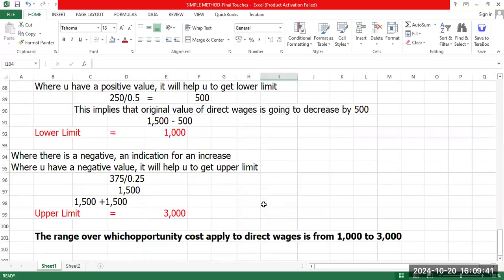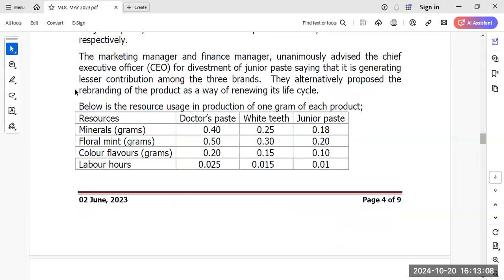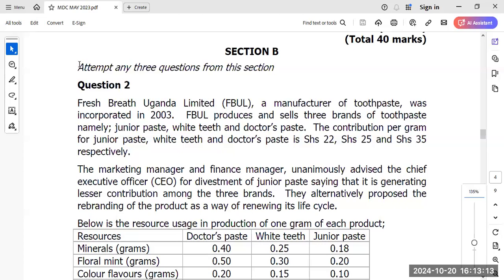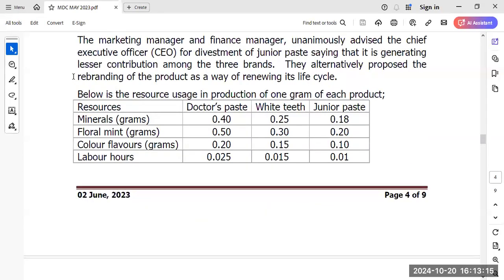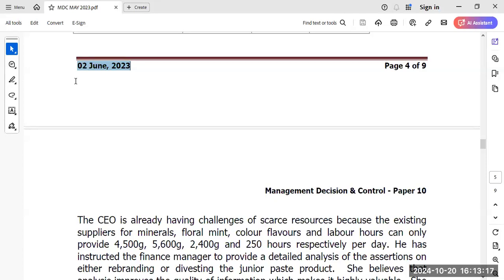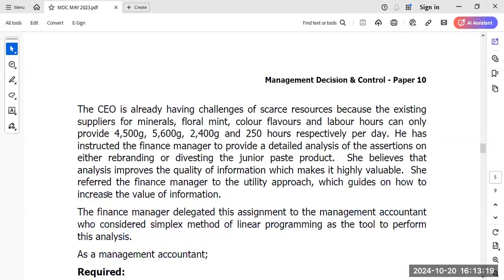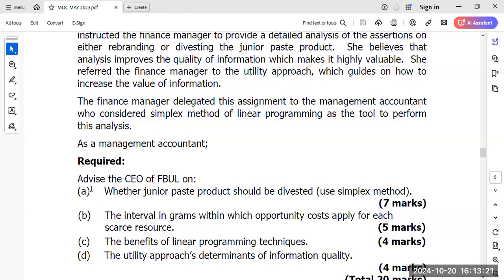So colleagues, that's all for this question. This is question 2 that was asked in May Diet 2023. Part A of the question, they are saying we advise the CEO of the company on whether the junior paste product should be divested using the Simplex method.